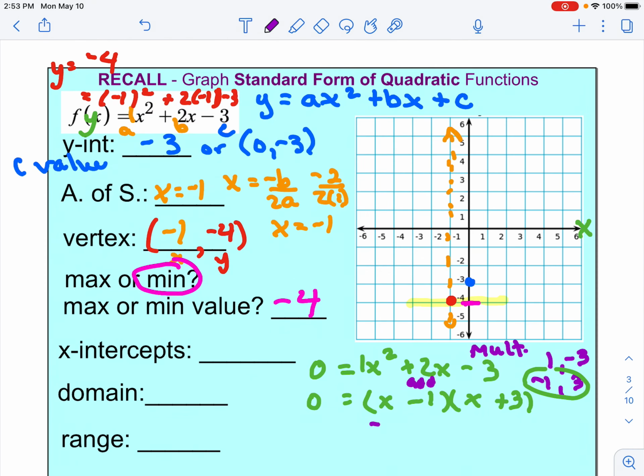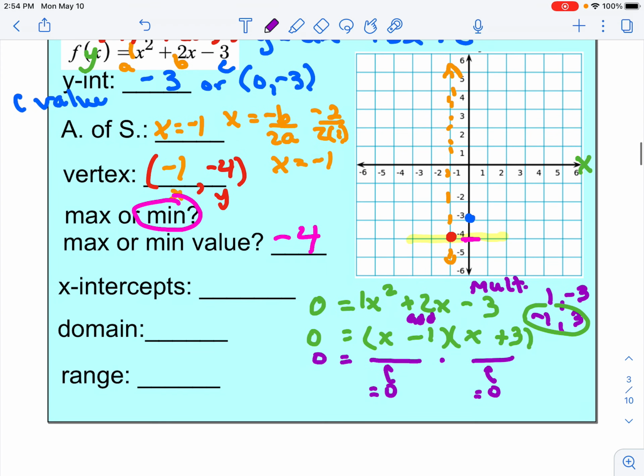And the zero product property says if two things multiplied together equal 0, then either this would have to equal 0 or this parenthesis would have to equal 0. So I set my parentheses x minus 1 equal to 0 and x plus 3 equal to 0, and I solve them. Now, you might be able to solve these in your head when they're that simple.